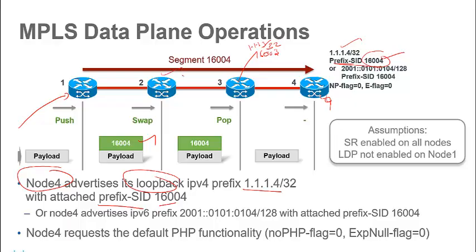It goes here. This router also knows where 16,004 is. So it sends it here. And this router will do PHP. It pops this and sends it here with explicit null flag 0. Now, did you understand prefix SID?